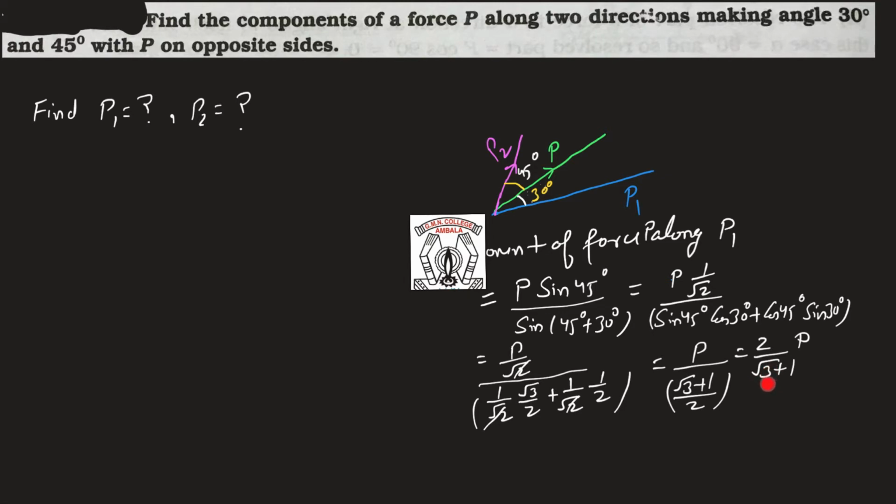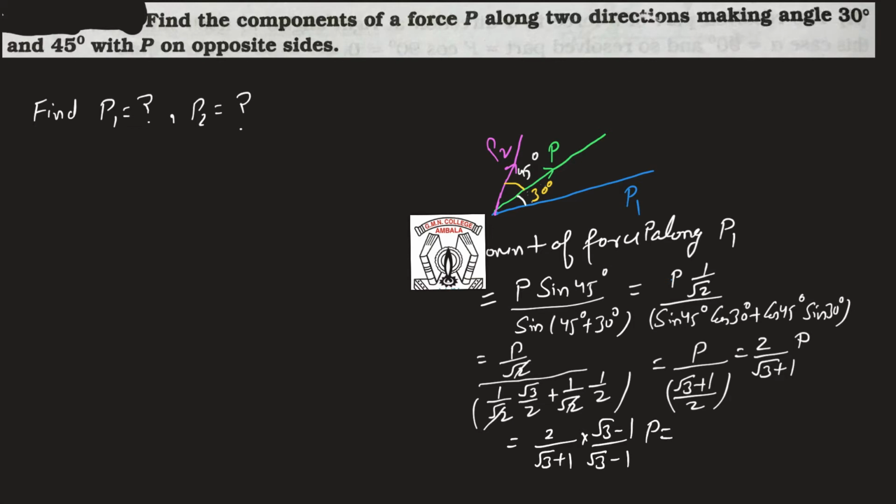So this root is in the denominator. Our natural tendency is to remove any square root term in the denominator if possible. I am clearly mentioning, if possible. So here it is possible. By rationalizing, we could easily remove the square root from the denominator. So we will be rationalizing here: 2 over root 3 plus 1, multiply numerator and denominator with root 3 minus 1.